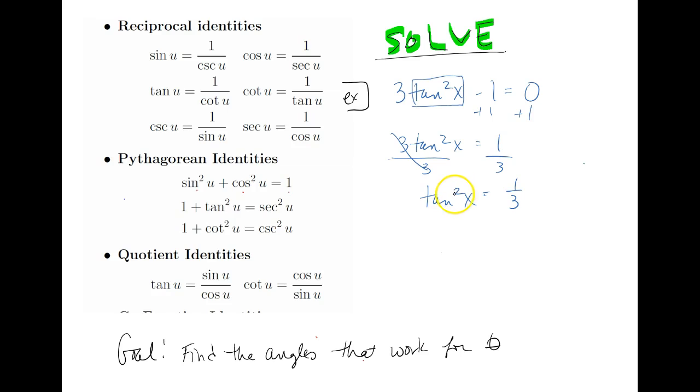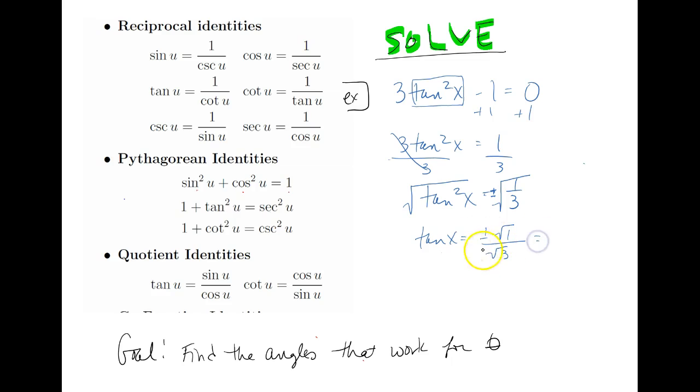Anytime, this is tangent squared. I really don't want it to be squared, so the opposite of squaring something is a square root. Just remember that when you take a square root, you do need a plus or minus, okay? So I'm going to be left with the tangent of x equals plus or minus the square root of 1 over the square root of 3.